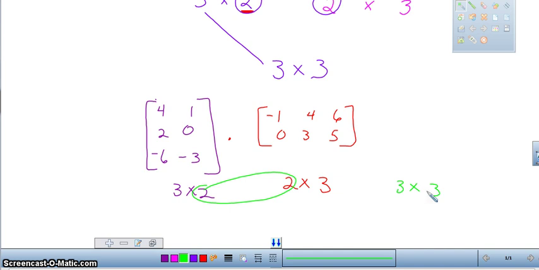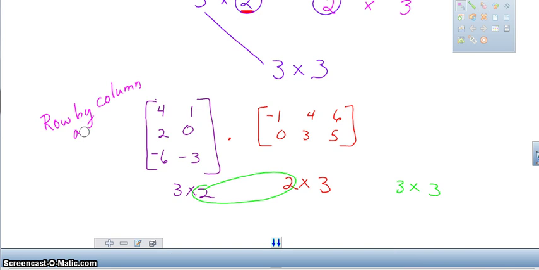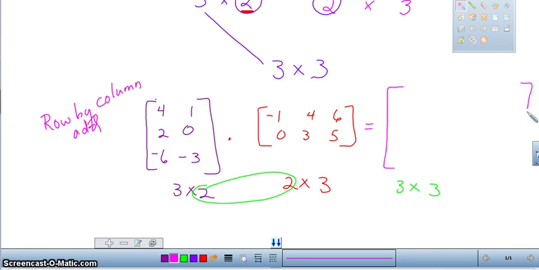Now we have to talk about how we multiply matrices. You always take row by column, and then you add those parts that you need to. I know I'm going to get a 3 by 3 matrix, so I'm going to draw a big matrix here. I start with my first row, because it's row by column: the rows of the first matrix, columns of the second matrix. So I have 4 and 1.